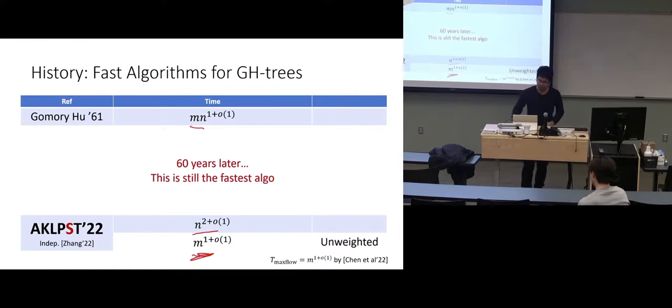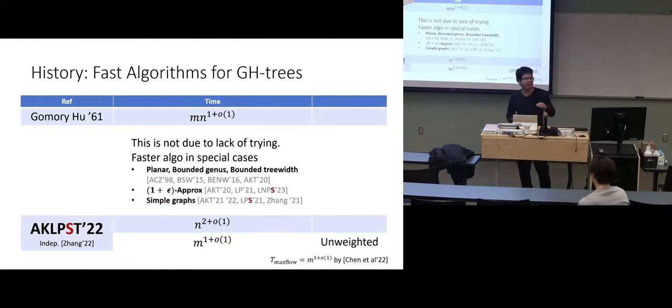That's one of the results that I really like. It's not that people haven't tried, they tried and failed, but they only got something for special cases of the graph. We managed to get an improvement for the general graph.